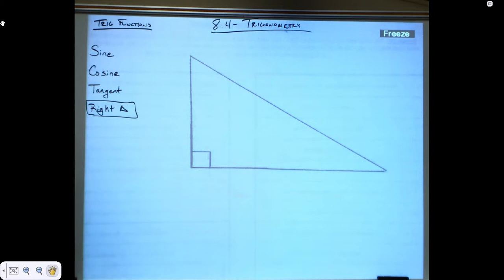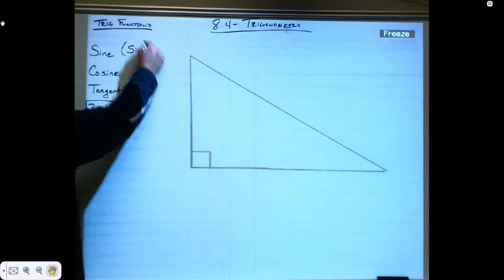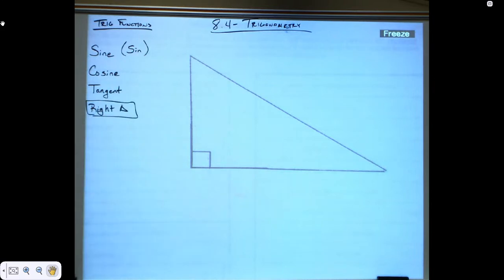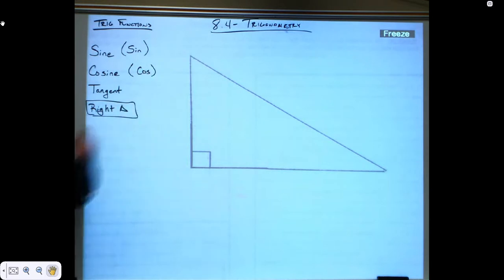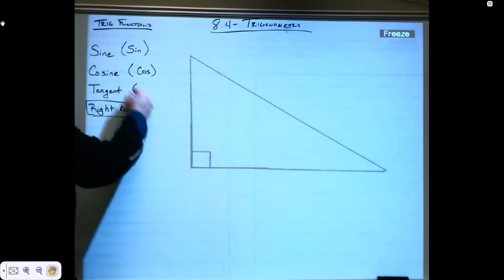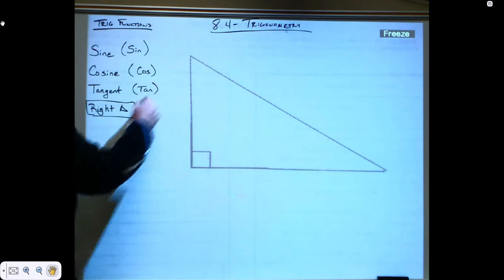The abbreviation for each is what you see on your calculator. The abbreviation for the cosine is COS. The abbreviation for tangent is TAN.